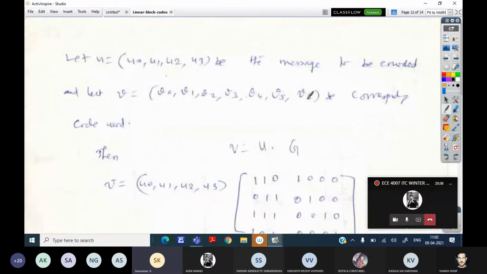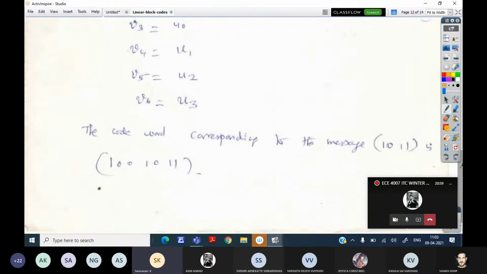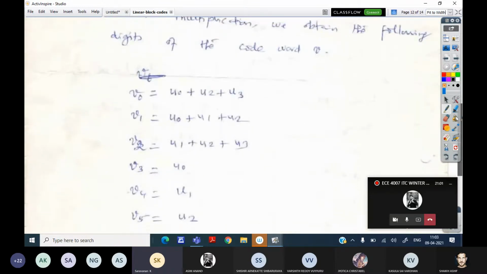So we have done the design. We have multiplied U0, U1, U2. Suppose we take a 4-bit message multiplied by G, and you have to find the value of the code vector bits V0, V1 in terms of U0, U1, U2, U3.